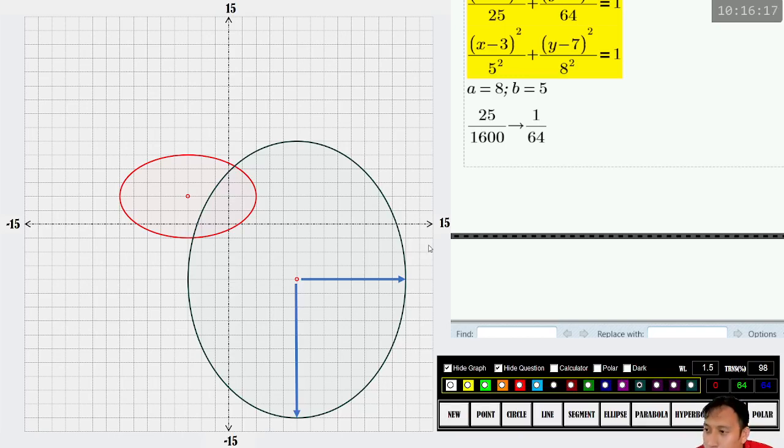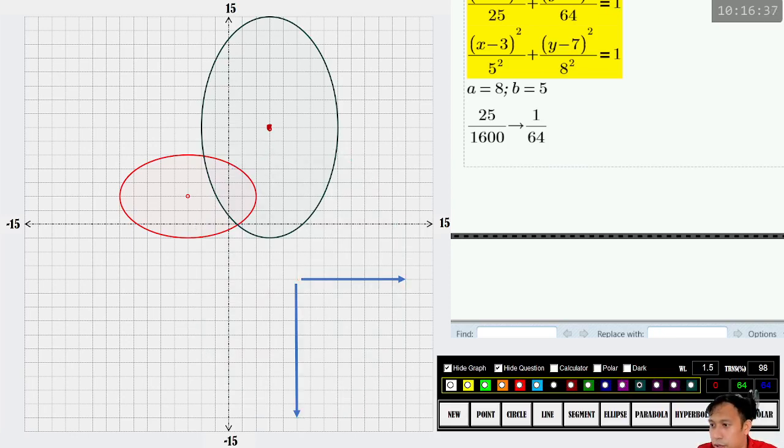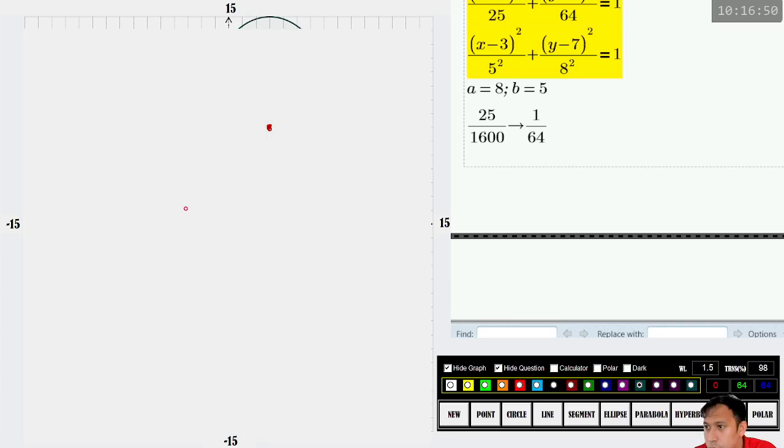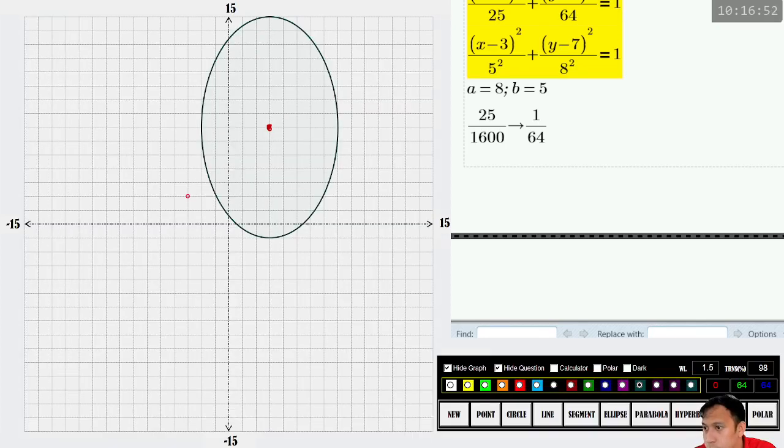Then, dapat Y yung major. Bali, na-adere ang center by 3, 7. Diba? Ito na yung pang-delete ko. Mali siya center. Oops.